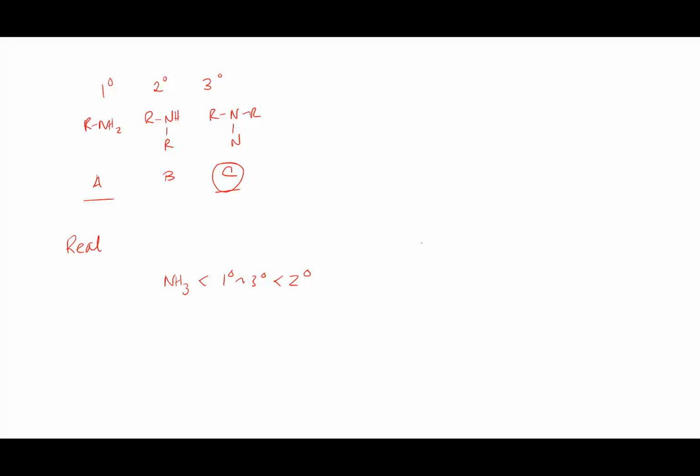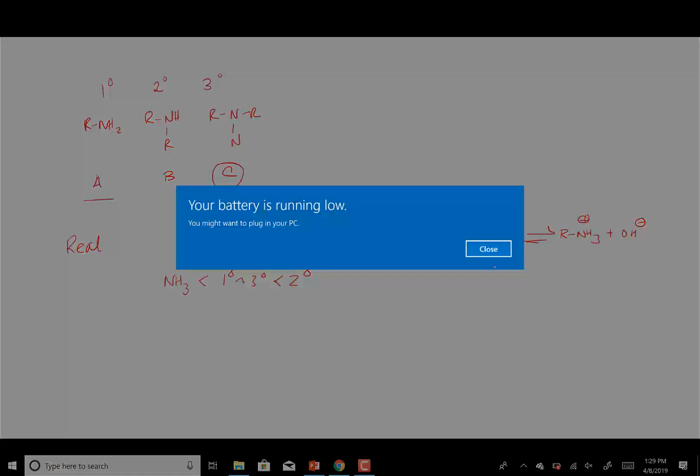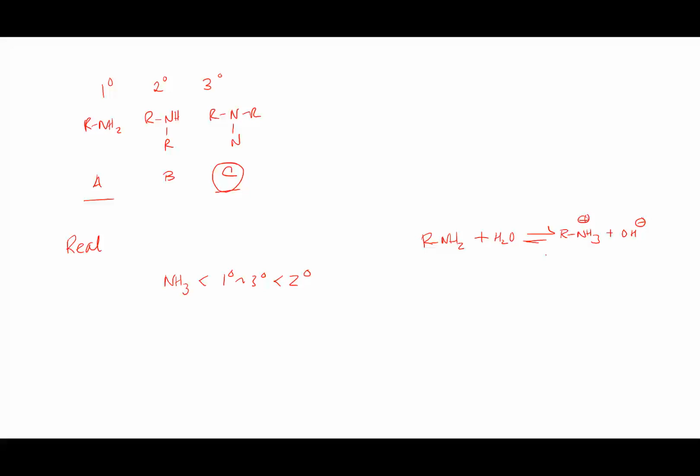So, depending on the solvation effect, if you end up with a greater solvation of the amine or a greater solvation effect of the ammonium salt, that can push or pull the equilibrium either way.